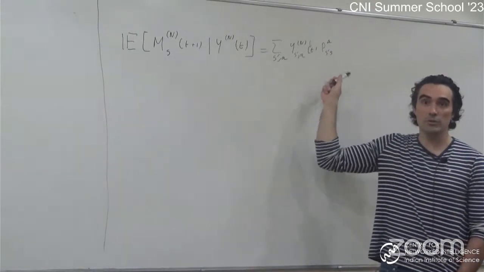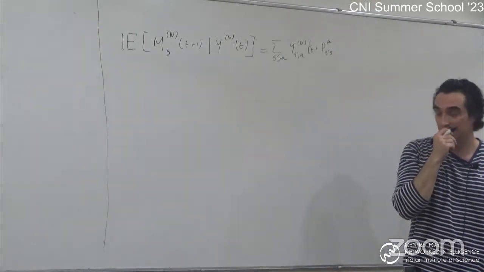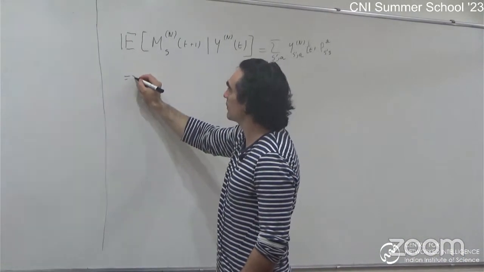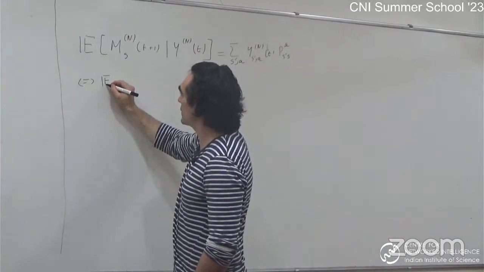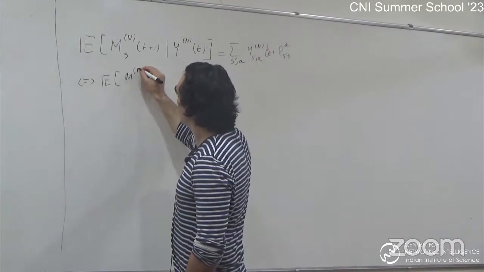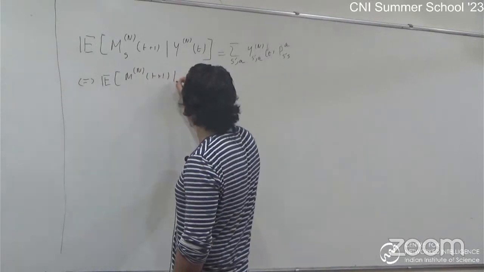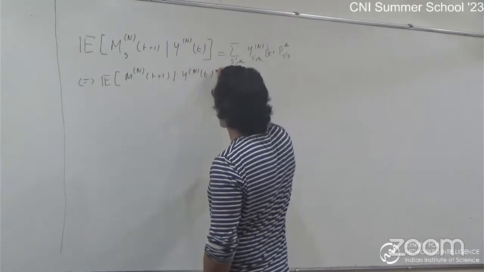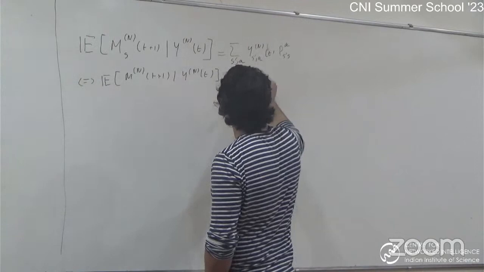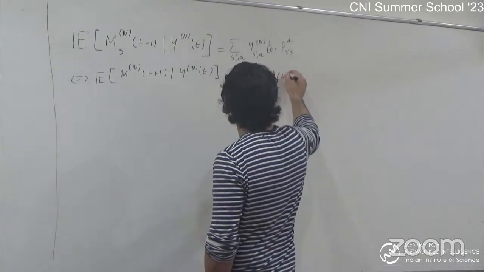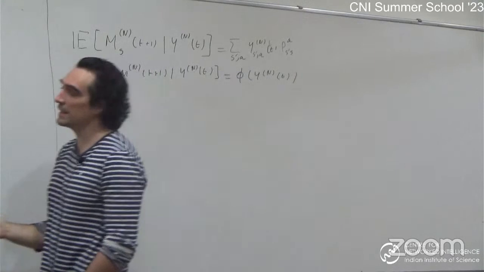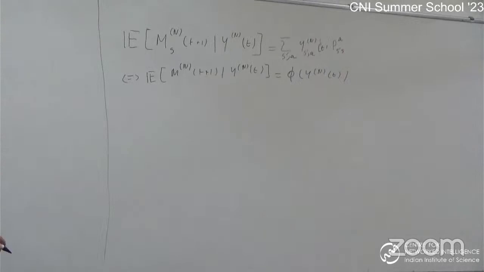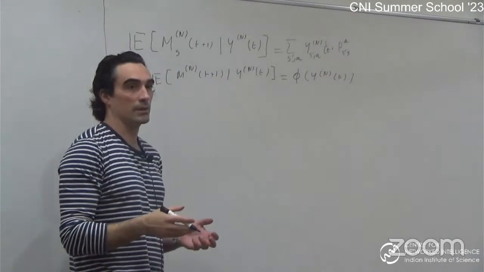When you take an expectation, you take this formula. And actually, you can see that it's equivalent to say that the expectation of the entire vector of the empirical distribution is equal to phi of y. So basically, this phi is what is happening when I'm taking everything in expectation.